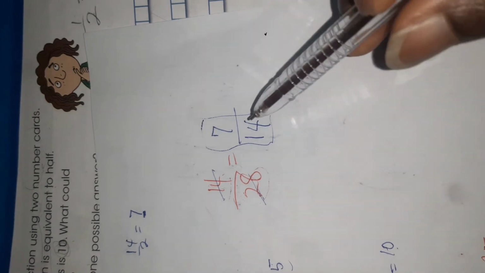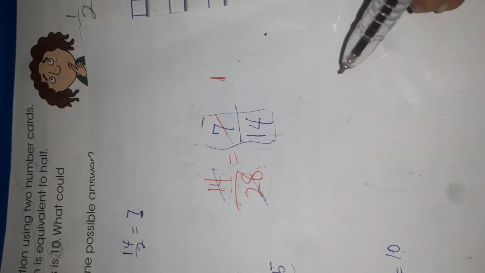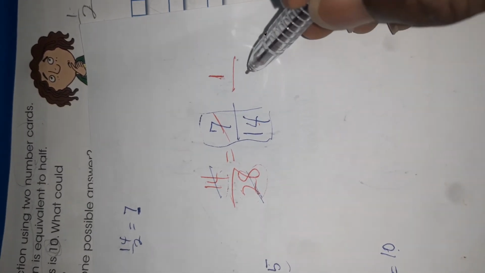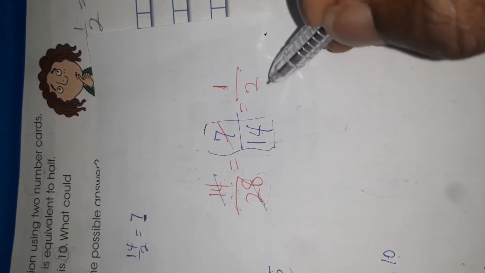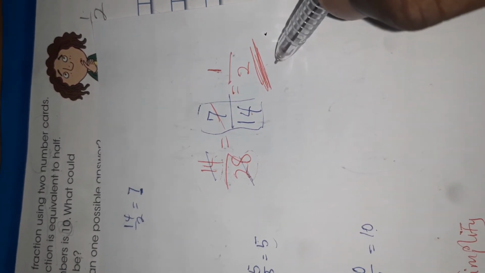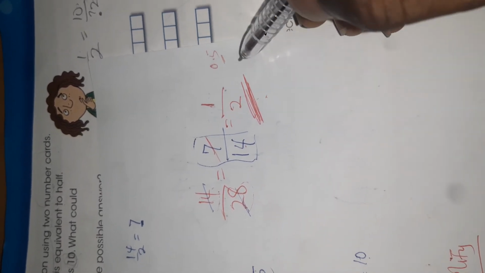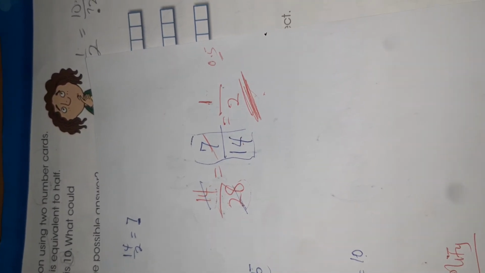No, but 2 can divide this. Okay, what do we do now? 7 can divide itself 1 time, and 7 can divide 14 how many times? 2 times. So this is the simplest form. You can't divide again, because if you divide again you have a decimal number.